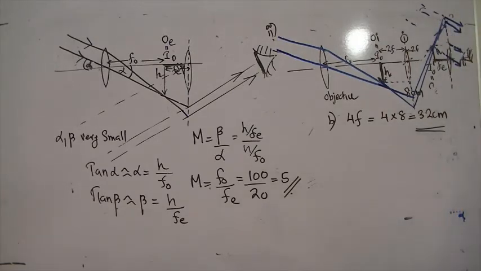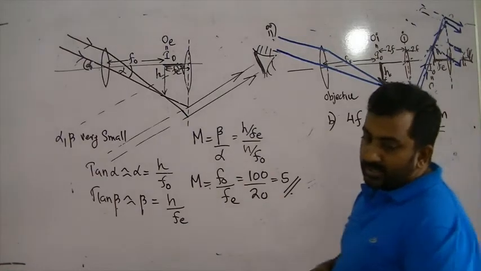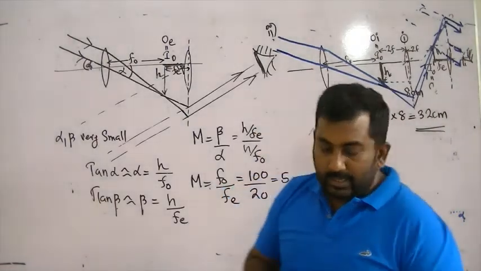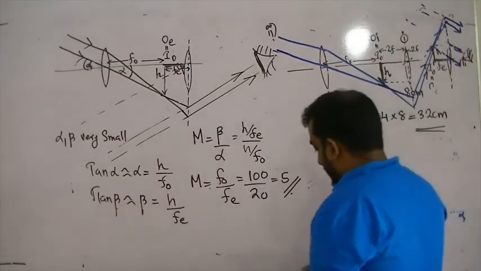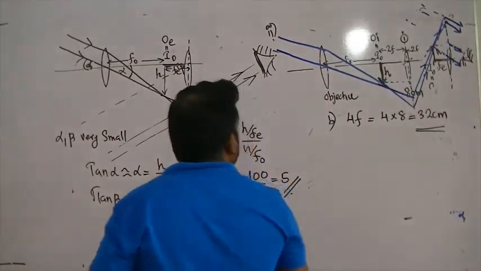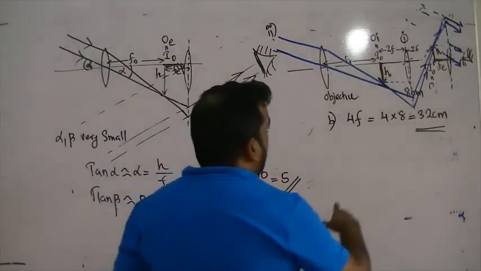So these rays will come from here, cross and travel. Basically they will cross and travel, and they will become parallel to the eye.